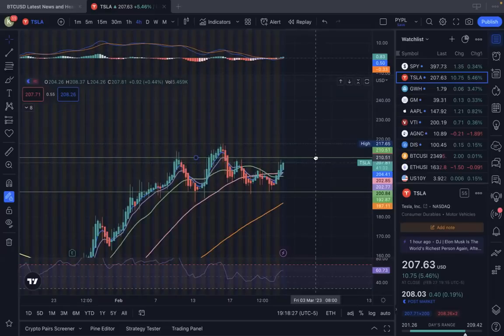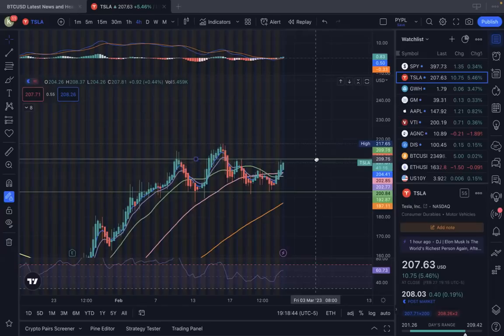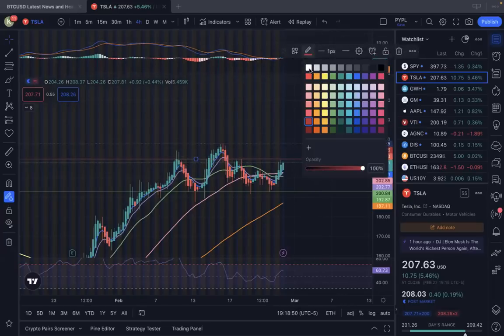Or let's go a little higher. Over here. Nope. Yeah, it seems like this is the one. And then I would change it to the color red because it's resistance.